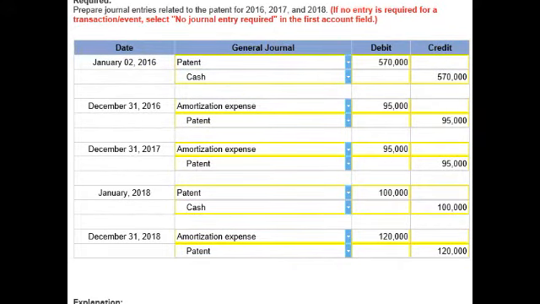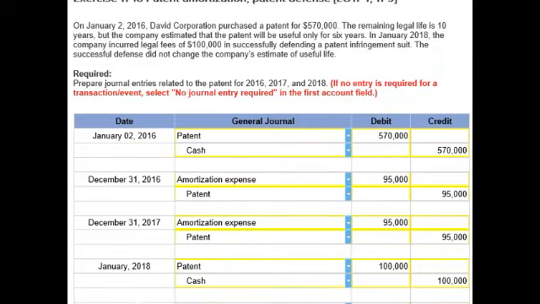Because that's what the book says, and that's what generally accepted accounting principles say. It shows in your book, page 625. When you have such legal fees that helped you successfully defend a patent infringement suit, you will capitalize it because it is basically the cost you have spent to acquire that asset.